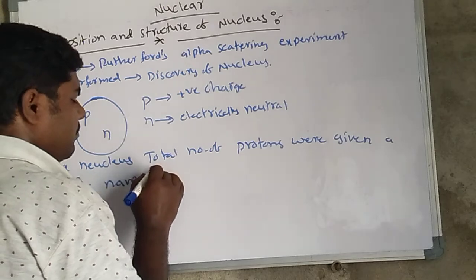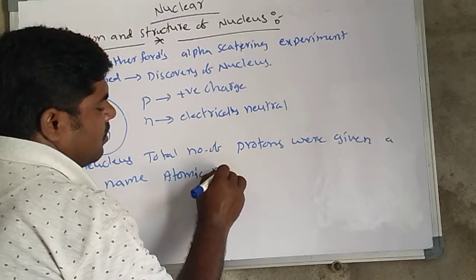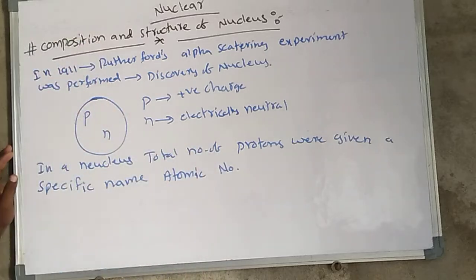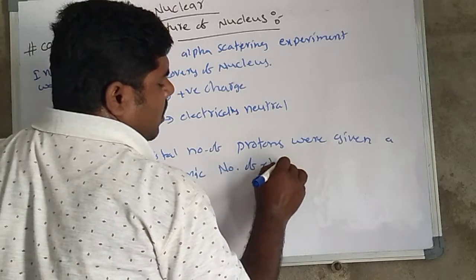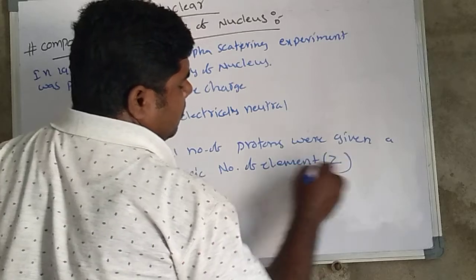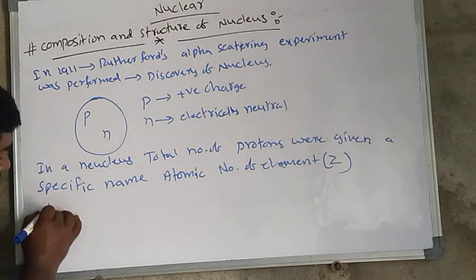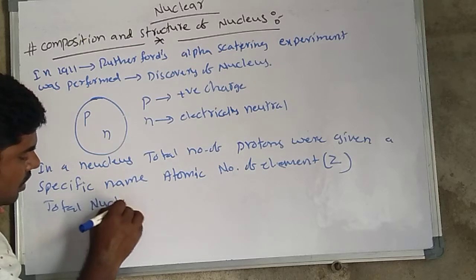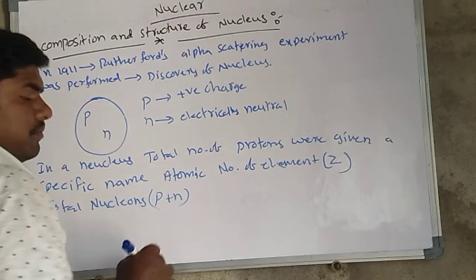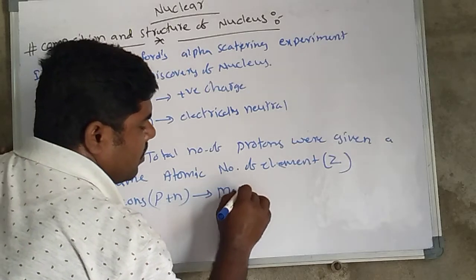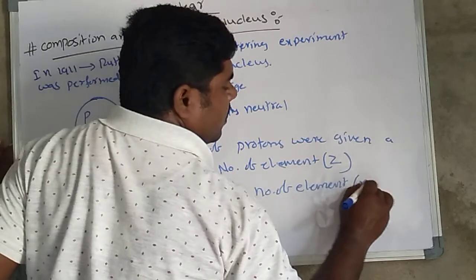The atomic number of an element is denoted by the letter Z. The total nucleons, protons plus neutrons, we call the mass number of the element. This is denoted by the letter A.